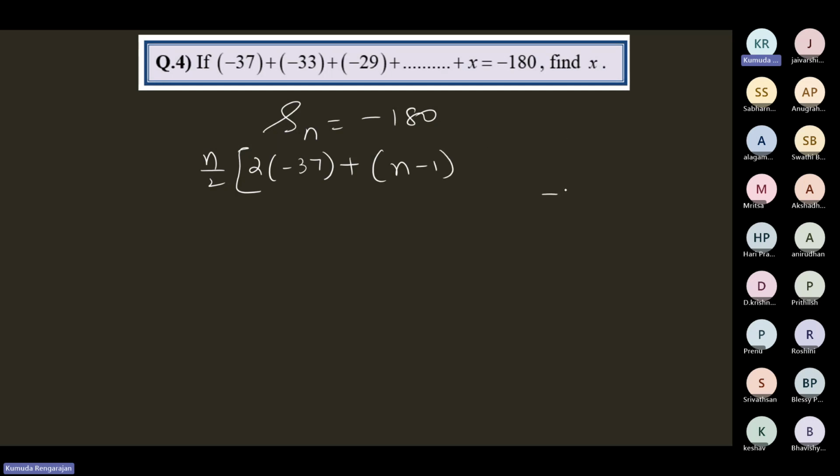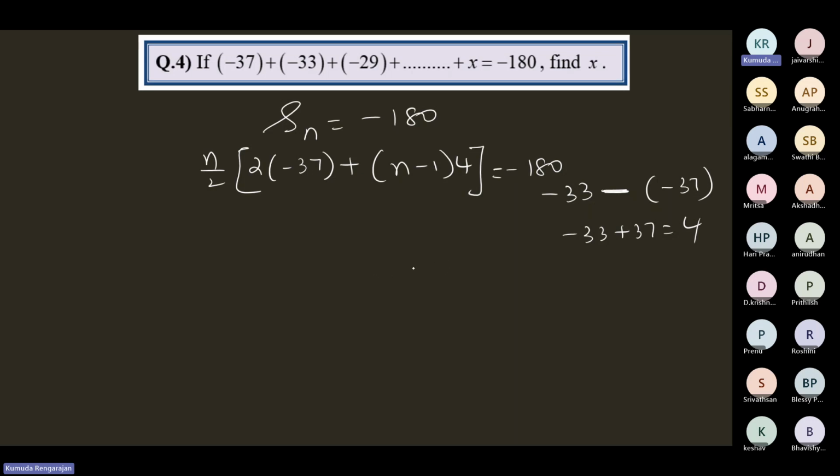So how do you find d? The second term minus the first term. Be careful. It's minus 33 plus 37, which is plus 4. So n by 2 of 2a plus n minus 1 into d, d is plus 4, is equal to minus 180. You'll have to work this, you'll get a quadratic equation and find the two values for n.